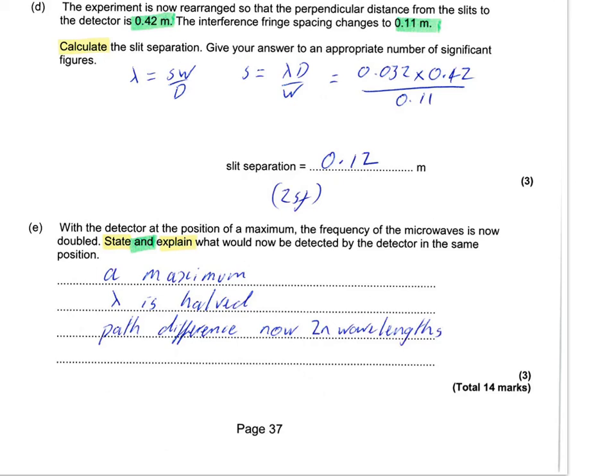Previously it was 1 wavelength, now it'll be 2 wavelengths. It's now going to be 2n wavelengths, where n in this case was 1, so it's going to be 2 wavelengths. And if it's exactly 2 wavelengths, again, the waves are going to meet in phase, we're going to have constructive interference, we're going to have a maximum.